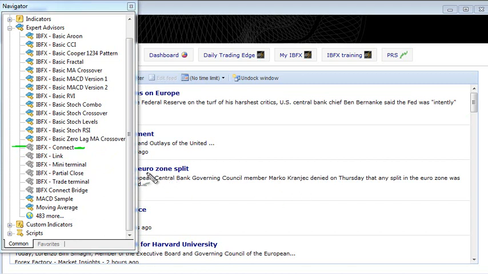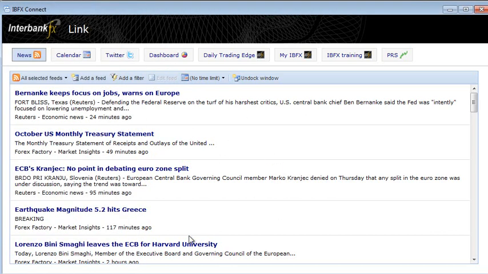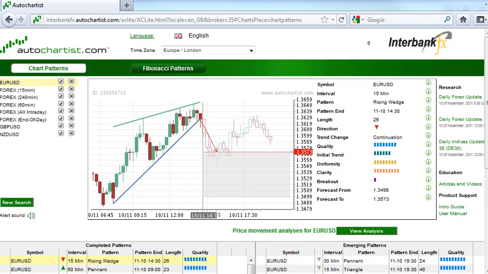You just drag and drop it onto a chart, and then it will turn it into this right here. From here you can access a number of very cool tools. One of them is the IBFX PRS, the old PRS, for those of you already using it. This is the Auto Chartist platform, and everything is built into this window now.